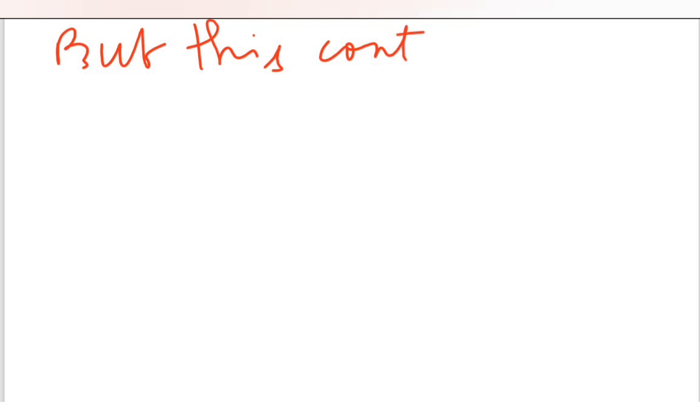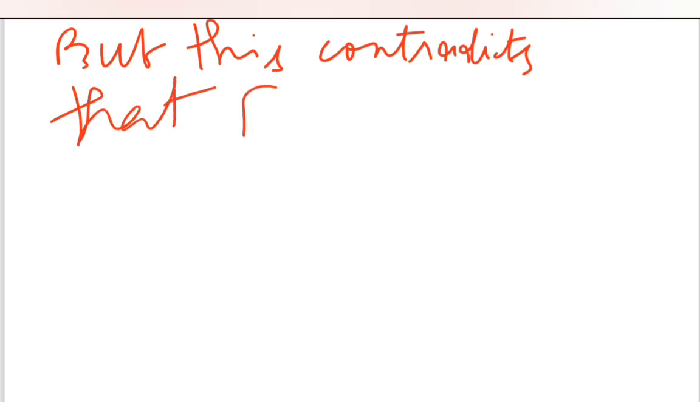But this contradicts that root 2 is irrational.